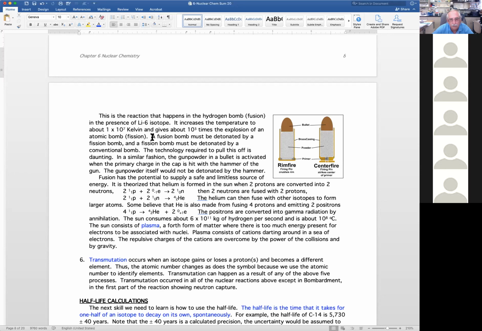And just to give you an idea of what it takes to make a fission bomb happen, here's a bullet. This is rim fire, where the hammer strikes the rim. Here's center fire, where the hammer strikes the center of the casing. In both cases, you have a primer and you have gunpowder.